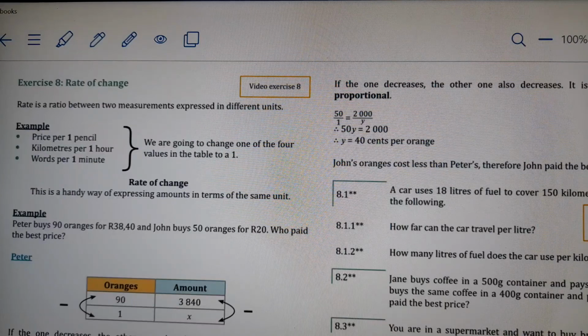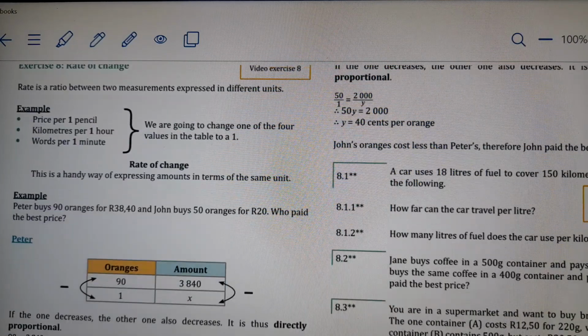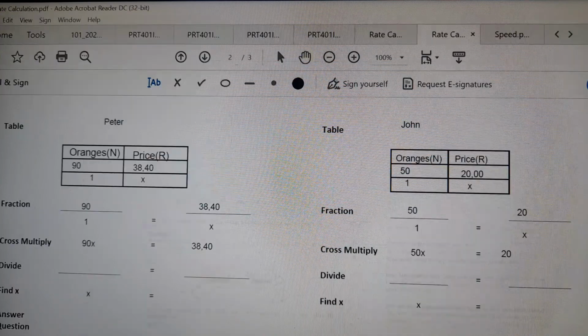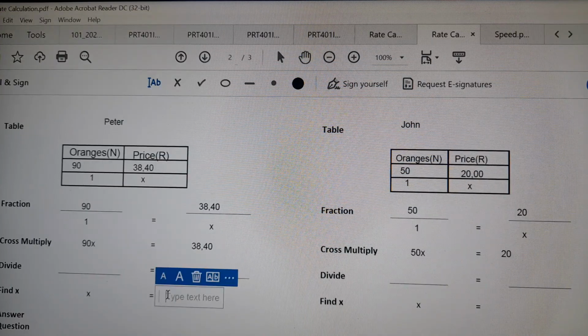To save time, let's go to the textbook. We divided by 90, and we got that X is 0.42 or 0.43. It's fine, depending on the calculator that you have.